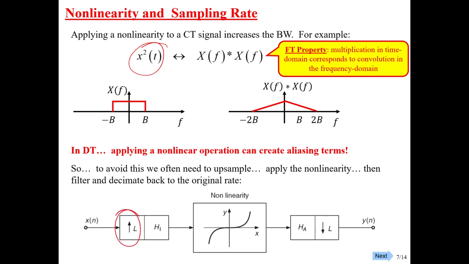Remember we stuffed L-1 zeros in, and then we used a filter, which I'm just showing as H1 here, to smooth out those zeros. That was our time domain view, or in the frequency domain view to suppress the image spectra that show up because of the stuffed zeros. Then we apply our nonlinearity with that higher sampling rate.